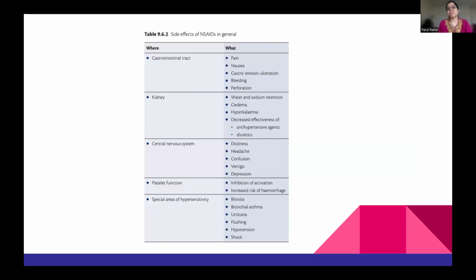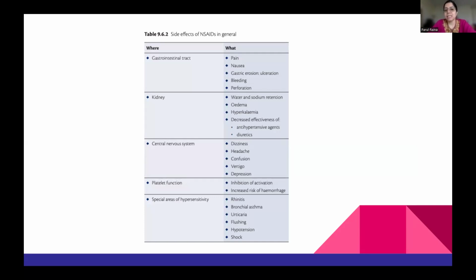Coming to the side effects of NSAIDs, if we know where this COX enzyme is constitutively present, we know it's all going to affect those systems. So in the GI tract, it can cause gastric erosions, bleeding, perforations, pain and nausea. In the kidney, even a single dose in susceptible patients can lead to AKI. It can lead to water and sodium retention, edema, hyperkalemia, and decreased effectiveness of the antihypertensive drugs and diuretics.